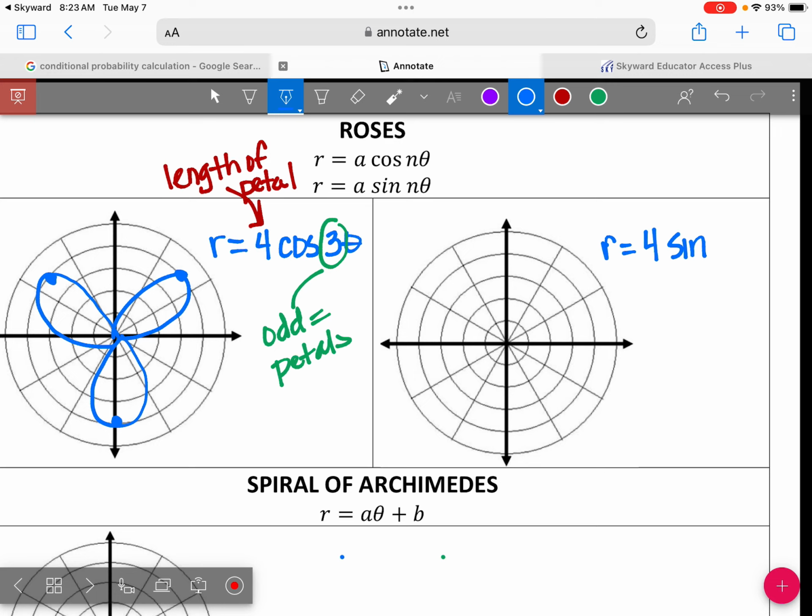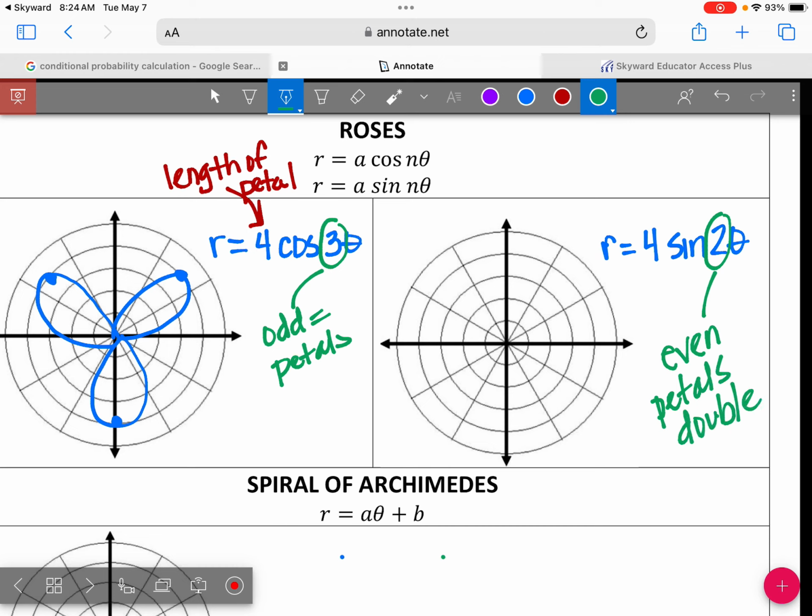Nope, I don't want to do 4. That's too much. Let's do 2 theta. The reason I was hesitant is because if it's even, the petals double.